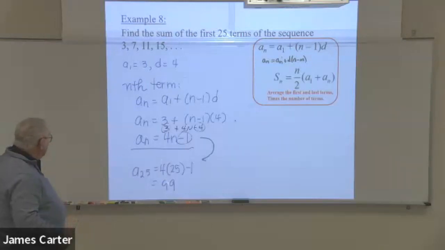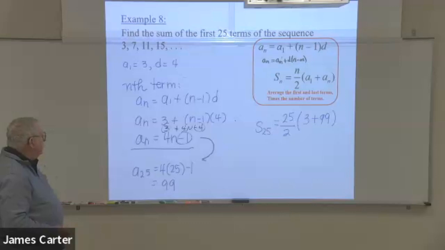Now that we know the last term, we can use this equation. We know the first term, we know the last term, and the last term is the 25th term. So we can use this formula to find the sum of all of these values up through 99.